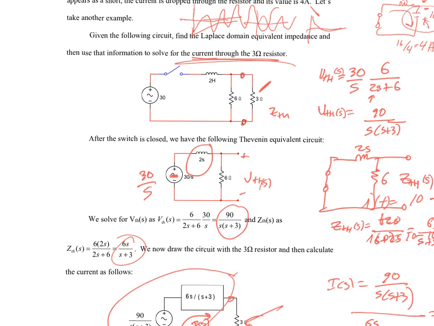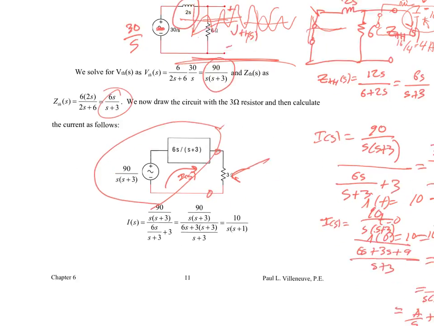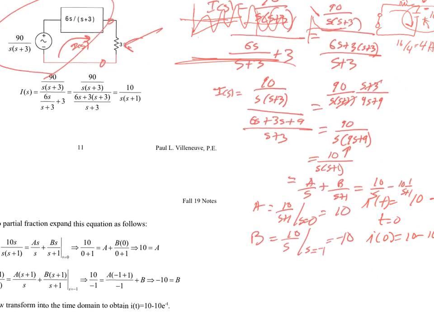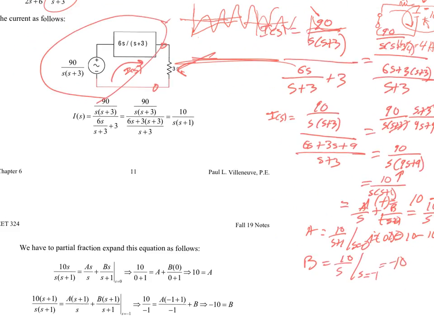Do you know what the voltage across the 3 ohm resistor would be? What would the voltage over the resistor be? You want to do that? We would just do R times the current at any point in time. Yeah, we know what the current is, right? We said the current here is 10 over S plus 1.